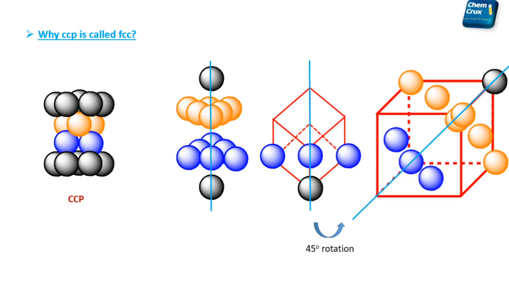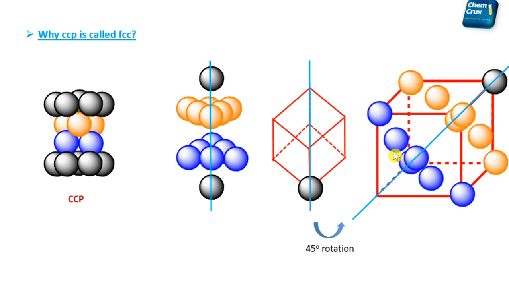For the third row, one sphere will go at one corner, the other sphere will go at another corner, and the third sphere will be present at the center of the front wall. Right? And for the first layer, the sphere is present at the corner like this. Now this structure is actually the FCC structure, and that's why CCP is also called FCC, right?